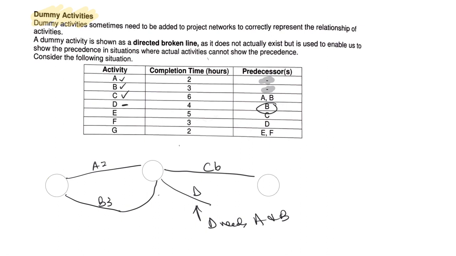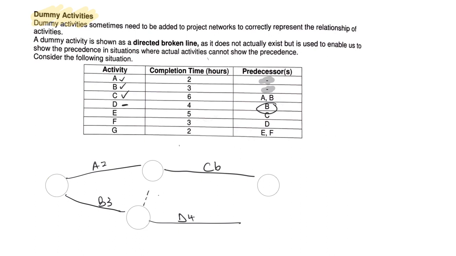So what I have to do is get the eraser and rub this out. I need to finish B first. So I've now just put in a circle here for B, and then I can have D coming off this one. But somehow I also need to show that B has to be done before C can start.